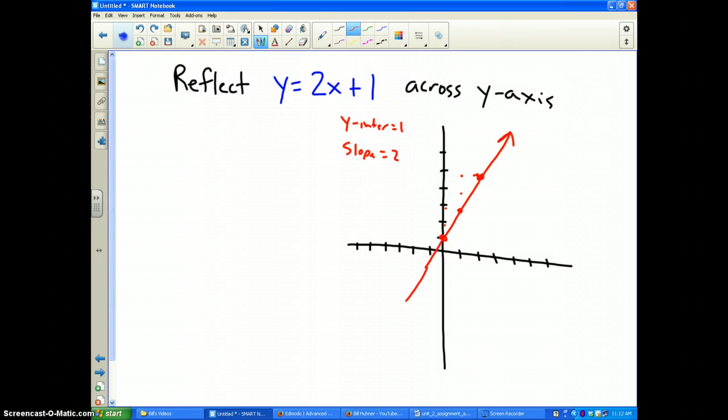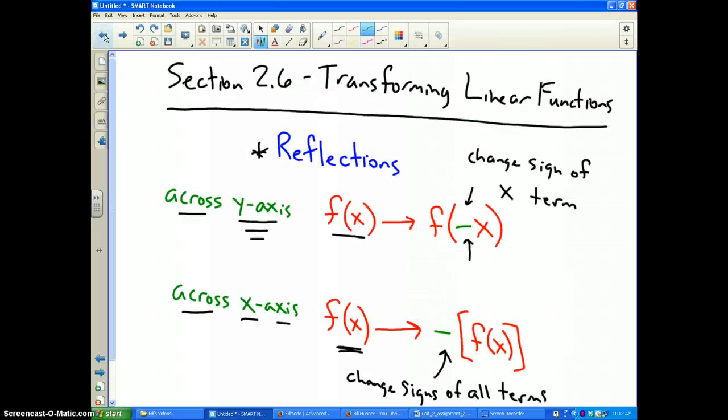of this particular function. Now, I'm going to erase what I wrote about slope and y-intercept. And now it says, let's reflect this across the y-axis. Now, I'm going to go back a slide. In order to go across the y-axis, it says we need to change the sign of the x term.